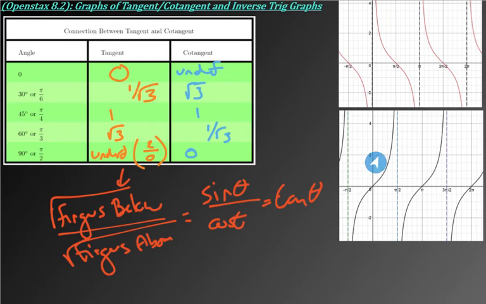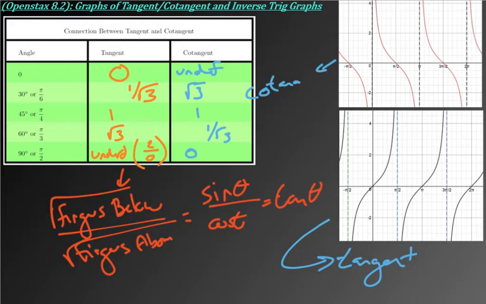So if you look at this picture, you can figure it out from that stuff, but I'll just tell you right here. This one down here is tangent, right? And this one up here is actually cotangent. There we go. And let me just highlight a few things. Notice every time tangent is 0, you have a dotted line for cotangent. It's undefined there.